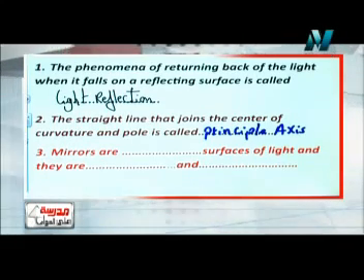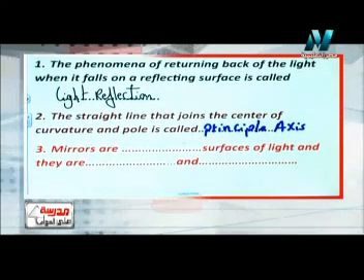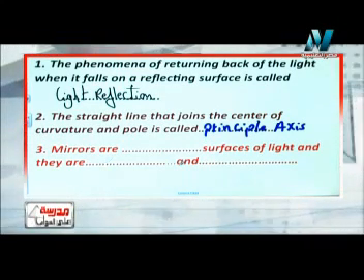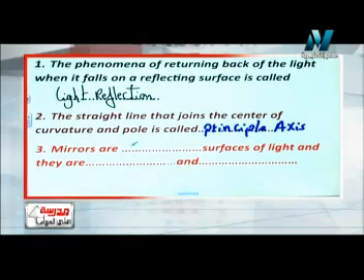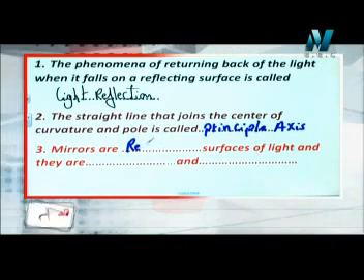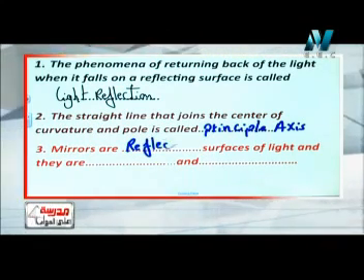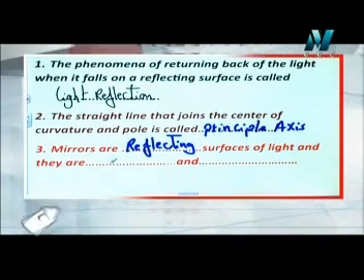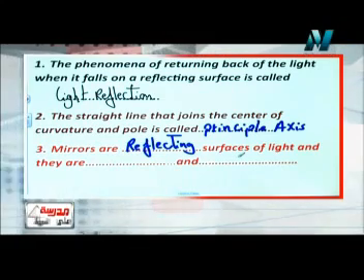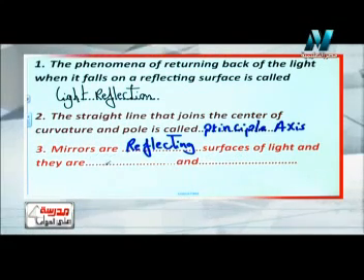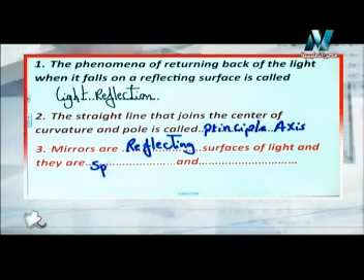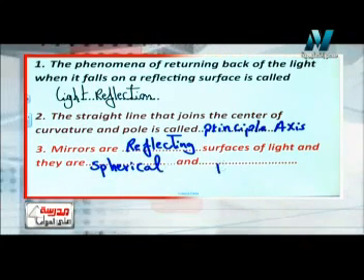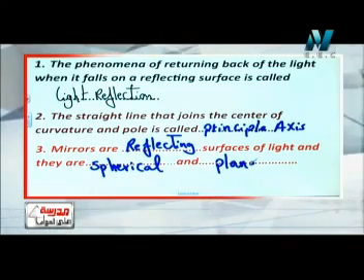Number 3, mirrors are what surface of light, and they are what and what? Reflecting surface. And here we have two types of mirrors, spherical mirrors and plane mirrors.